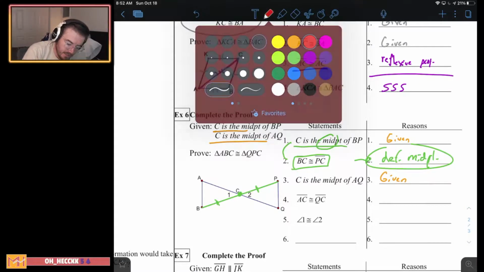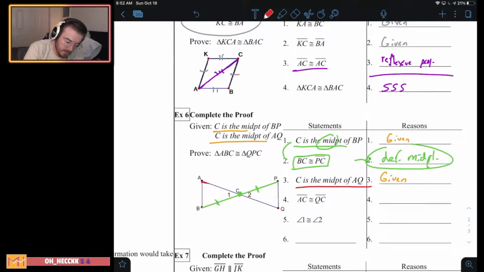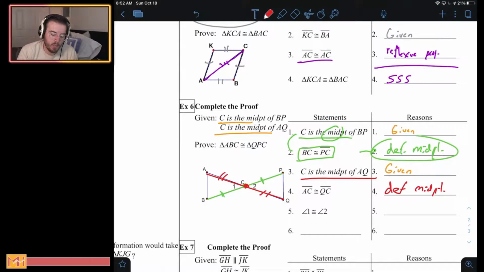And they told us that C is the midpoint of AQ, which means, well, those two are congruent. We're using the same definition. We once again know what midpoint means, and we're going to use it to our advantage. So we've shown two sides congruent. Can we show a third one? Or is there an angle out there maybe?